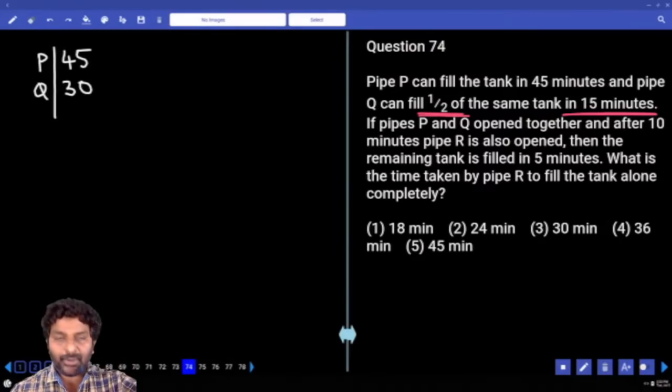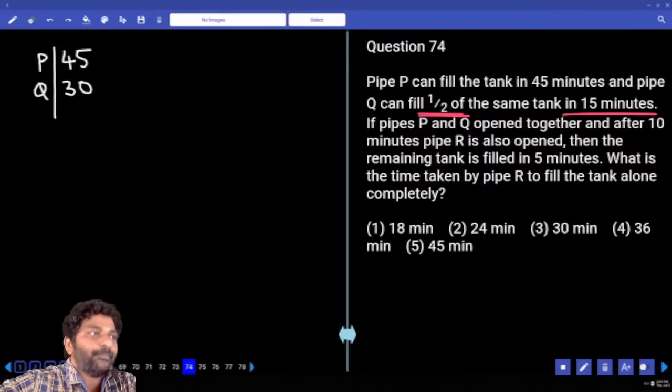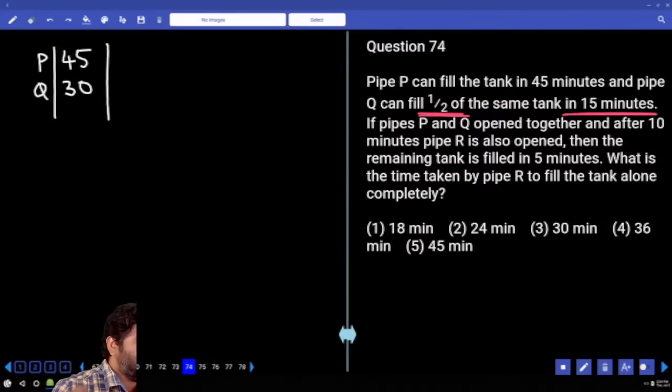If P, Q open together and after 10 minutes R is also open, then the remaining tank is filled in 5 minutes. What is the time taken by R to fill the tank alone completely? Right. LCM. Come on. P alone does. Q alone does. Okay. Right.